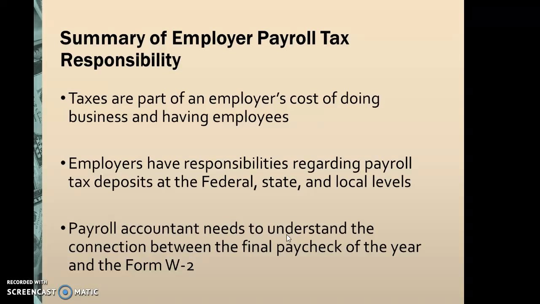Employers have the responsibility to report all those taxes to the federal, state, and local levels, or there are penalties. It is very important if you are considering going into payroll to understand the connection between the final check of the year and the form W-2, because remember that is used in order to complete the tax returns for each employee.